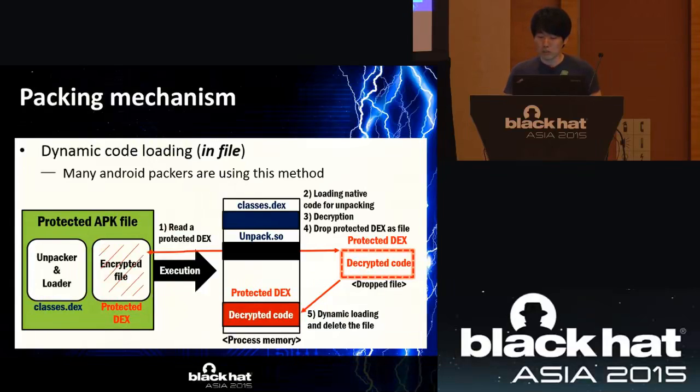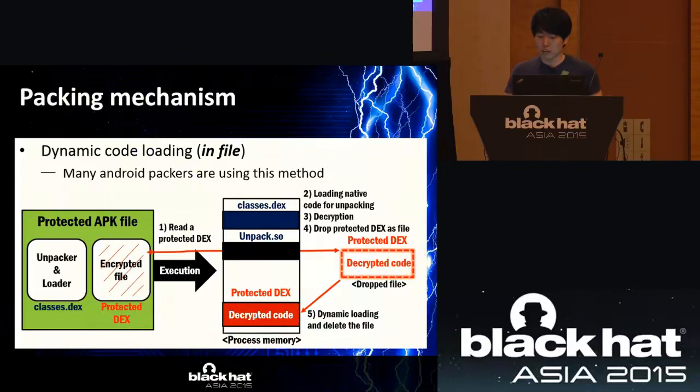The unpack code executed first can be in form of Java bytecode or ARM machine code by loading an additional unpacking module. In this slide, the unpacking routine is in unpack.so at native level. Unpack.so loads the encrypted Dex file to memory and decrypts it in memory.